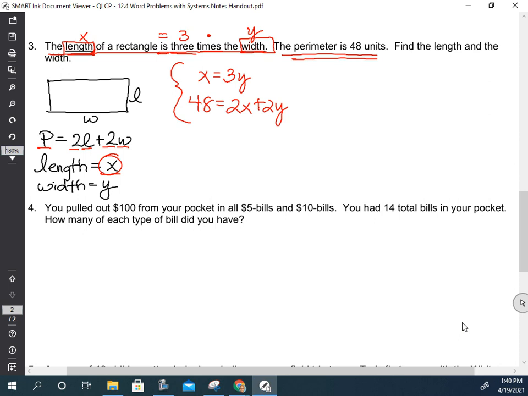Again, some of doing the word problem is not trying to make the problem harder than what it is. Not trying to overthink the problem. There's a lot of people who do that, and that's okay, because I'm guilty of it as well. Overthinking, overanalyzing the problem. Sometimes it's straightforward. You just need to set it up and solve it.